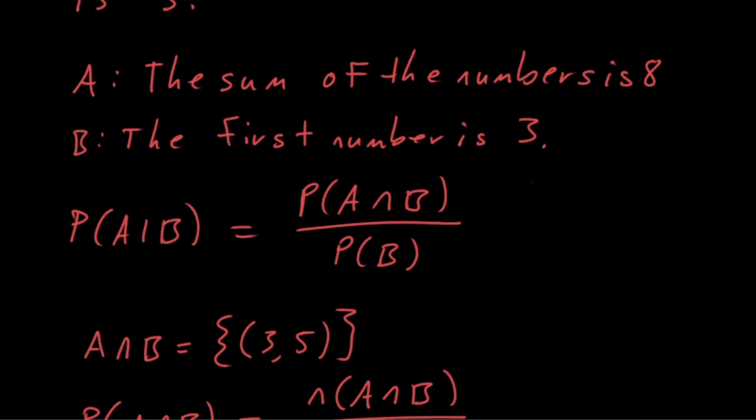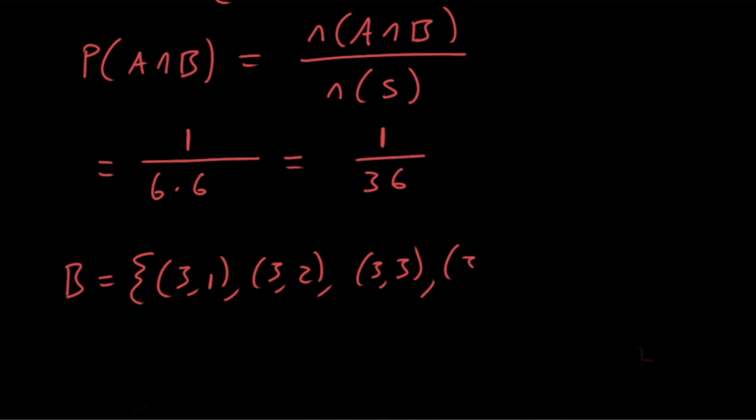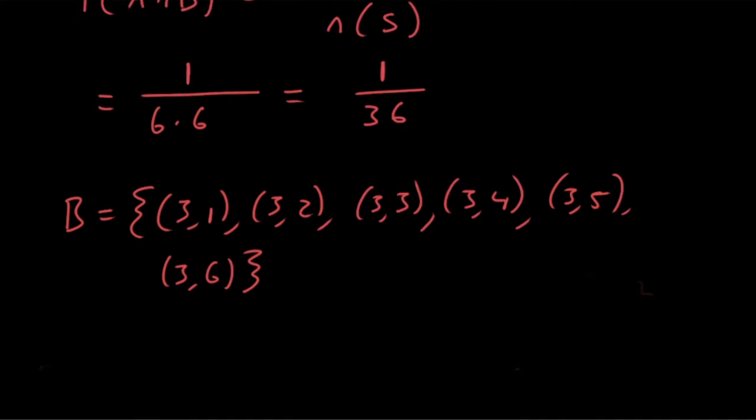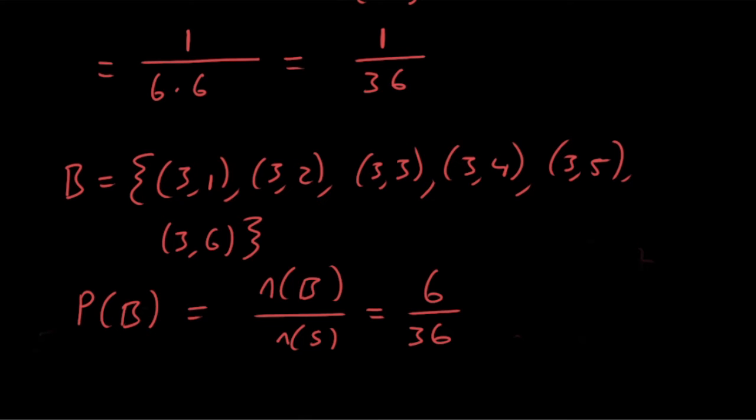All right, so now we need to get the probability of B, right? So what's B? The first number is 3. So B is this event: 3,1; 3,2; 3,3; 3,4; 3,5; and 3,6. Right? So the probability of B is equal to the number of elements in B over the number of elements in the sample space, which is 6 over 36, right?